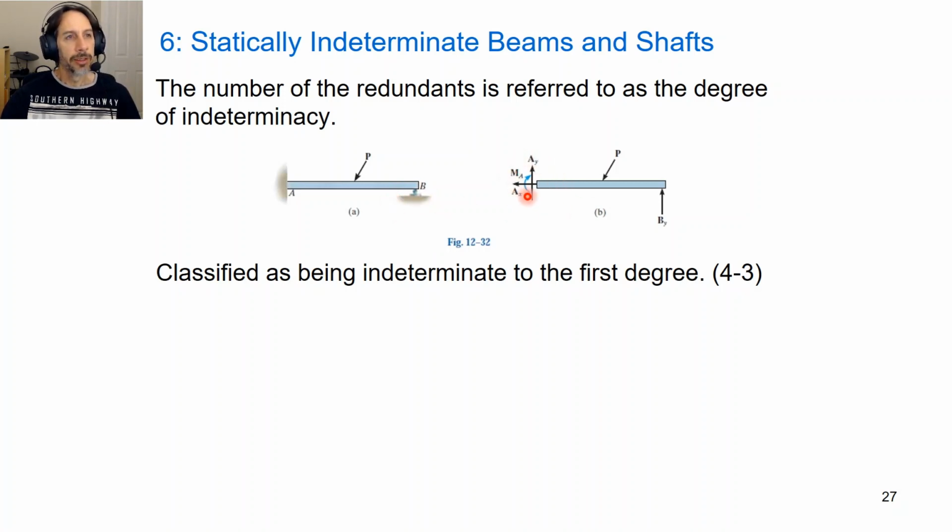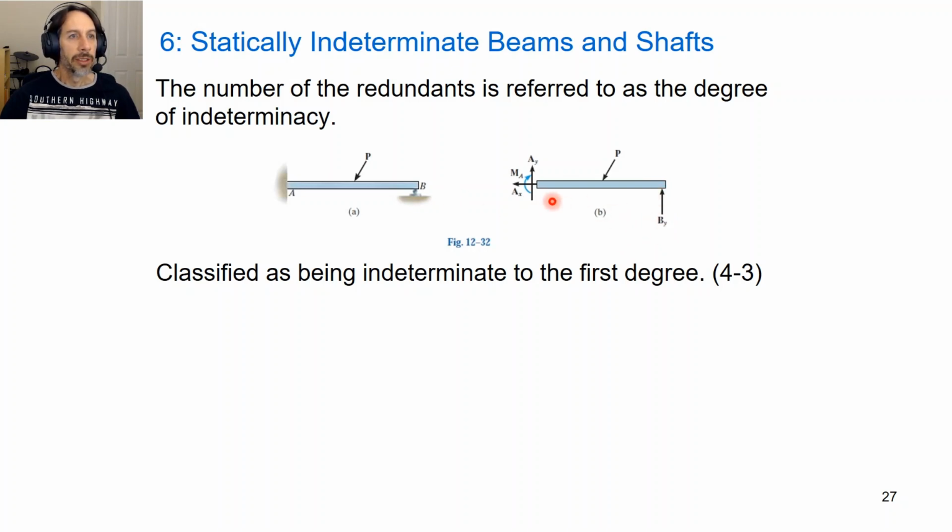If we look at the free body diagram, here we place our support with the unknown reactions. We would have a vertical force, horizontal force, and an unknown moment. Then at the right hand end at B we have a roller support, so we would have an unknown vertical force.